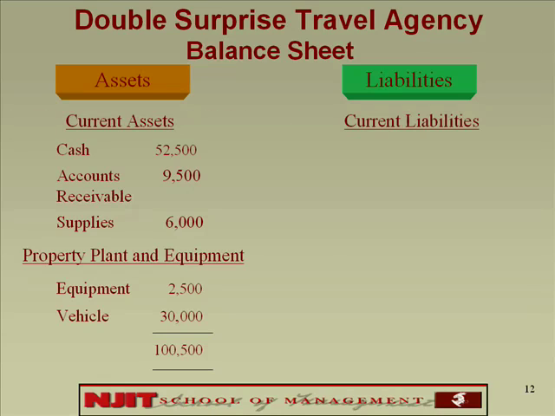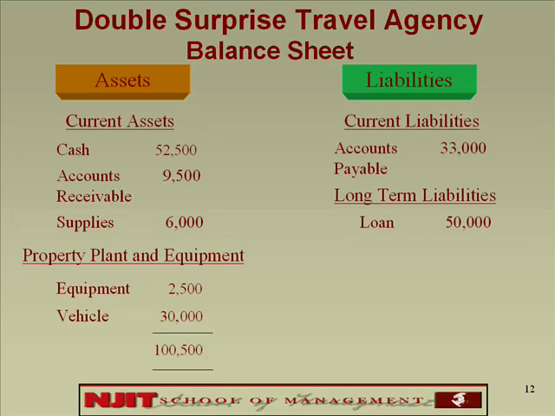Go on to your liabilities side. Start with the current liabilities. What are they? Accounts payable, 33,000. That's it. Did you search? There's no other current liabilities? If not, go to your long-term liabilities. What do you have? You have loan of 50. What's missing?